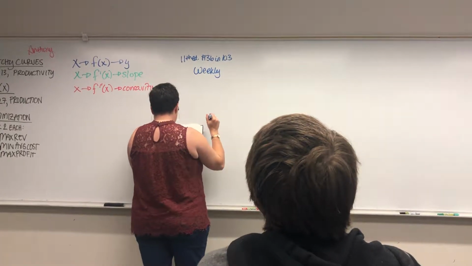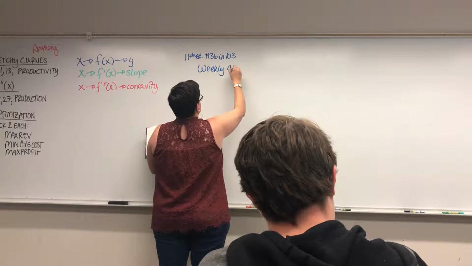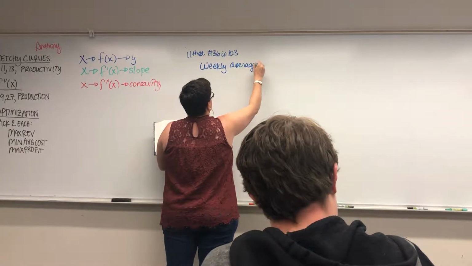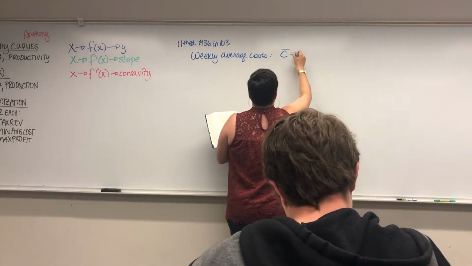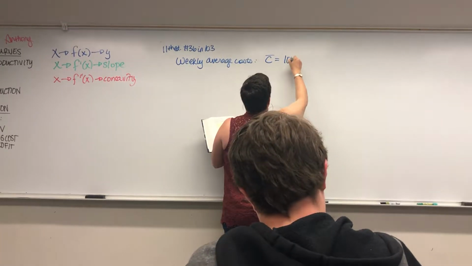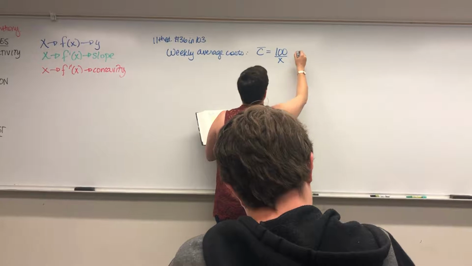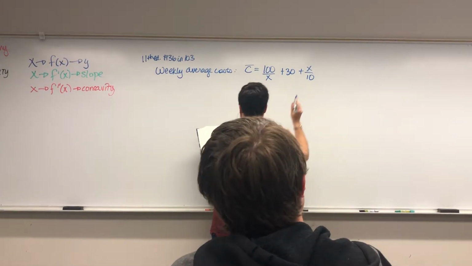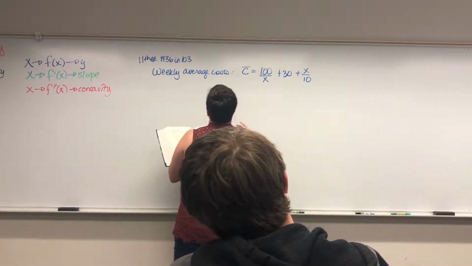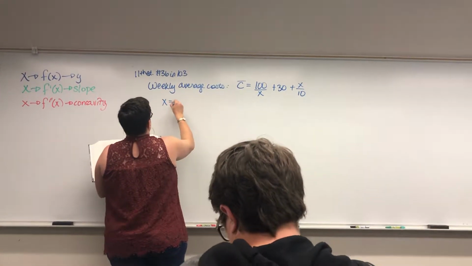So small business has weekly average costs of this. 100 over X plus 30 plus X over 10, where X is the number of units produced each week.